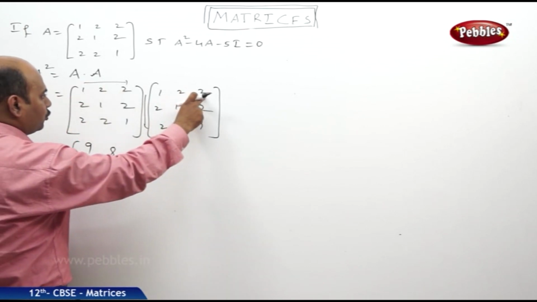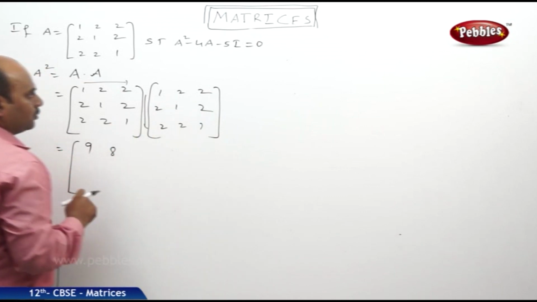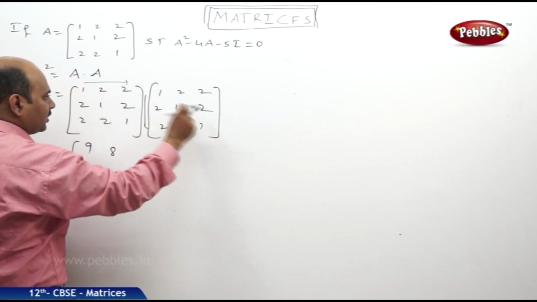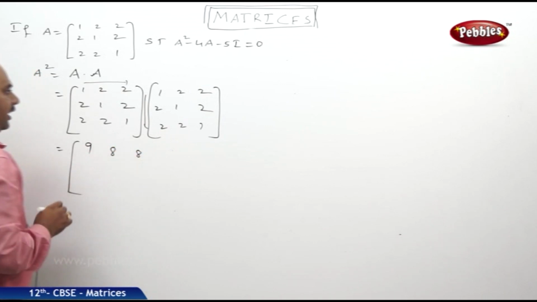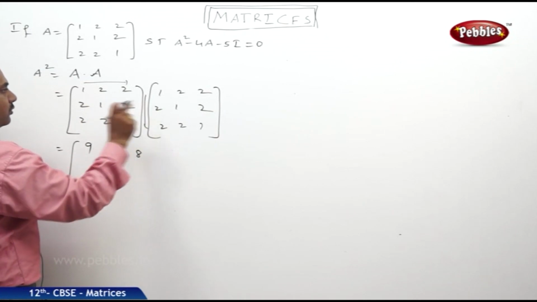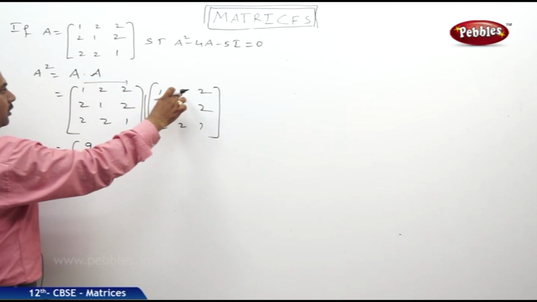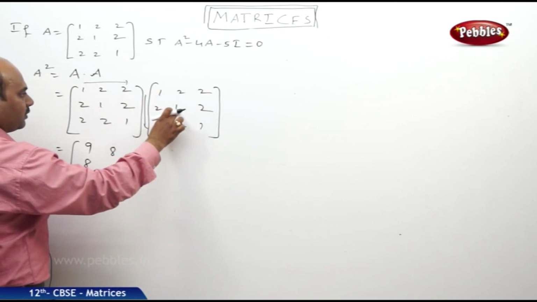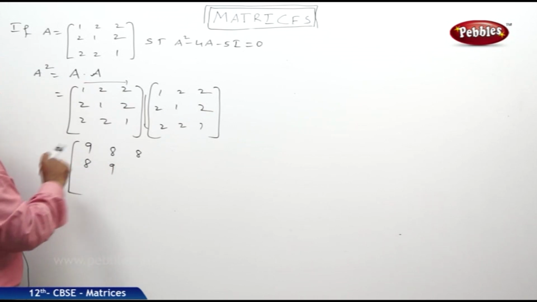Again 2 plus 4 plus 2, that again comes as 8. Later again 2 plus 2 is 4, 4 plus 4 is 8. Again 4 plus 1 is 5, plus 4 is 9.